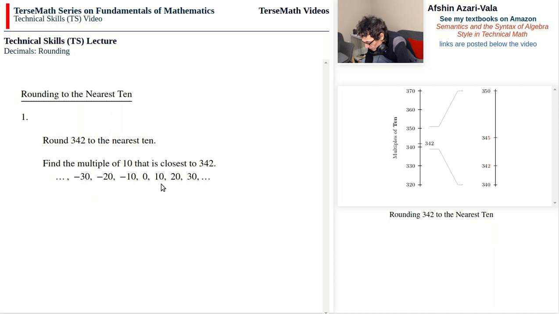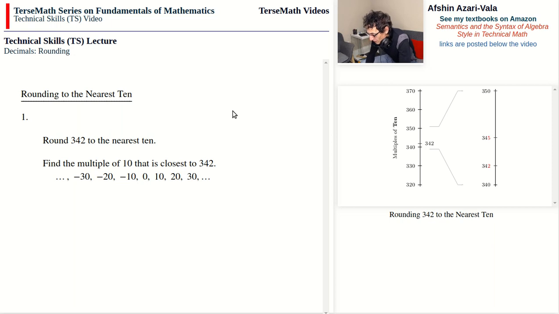If we continue in this manner, jumping in steps of 10, eventually we get to 100, 110, and then 200, and then 300, 310, 320, 330, 340, 350, and 342 is sort of sandwiched between 340 and 350. So the idea is to find which of these multiples of 10 is closest to 342. From the diagram, we can of course say that it's 340.